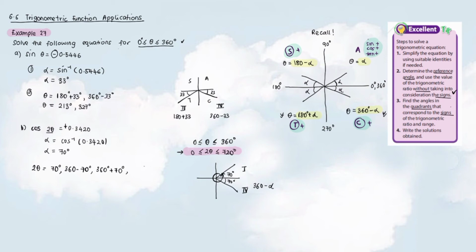And it rotates 2 times, so 720 minus 70. 2 theta is equal to 70 degrees, 290 degrees, 430 degrees, and the last one you can also find by 360 plus 290, which is equal to 650 degrees. So theta is equal to 35 degrees, 145 degrees, 215 degrees, and 325 degrees.